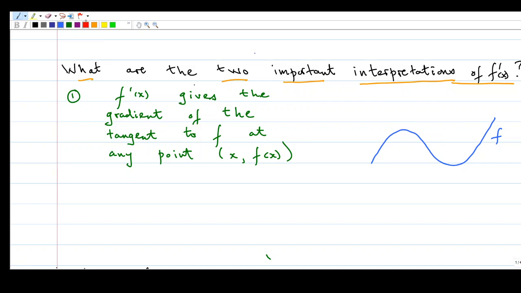And if you take any point on the curve, then through that point you can draw a tangent to the curve. So this is the point x, f of x.